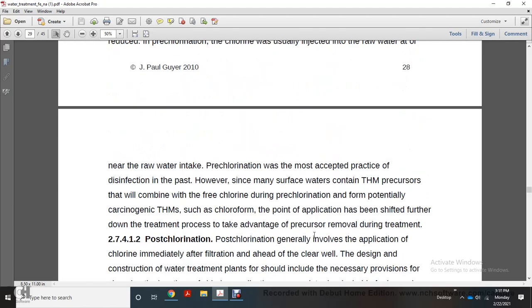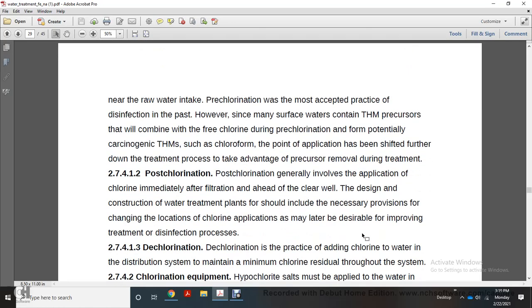Pre-chlorination was the accepted practice for disinfection in the past. However, since many surface waters contain trihalomethane precursors that combine with free chlorine during pre-chlorination to form potentially carcinogenic trihalomethanes such as chloroform, the point of application has been shifted further down the treatment process to take advantage of precursor removal during treatment.